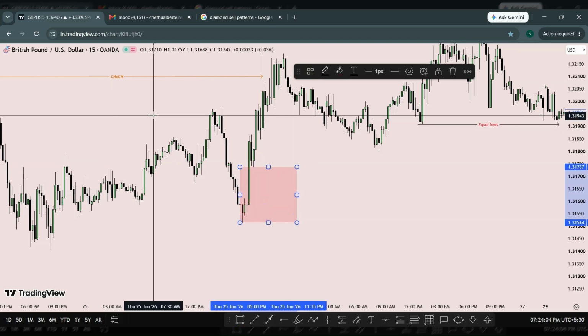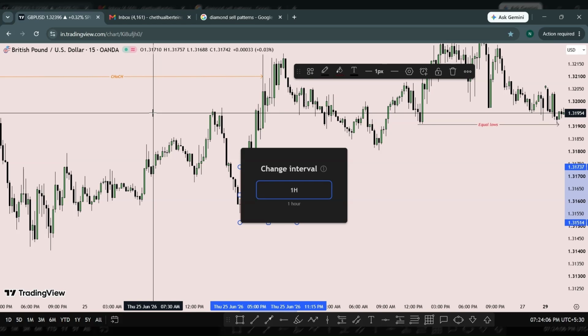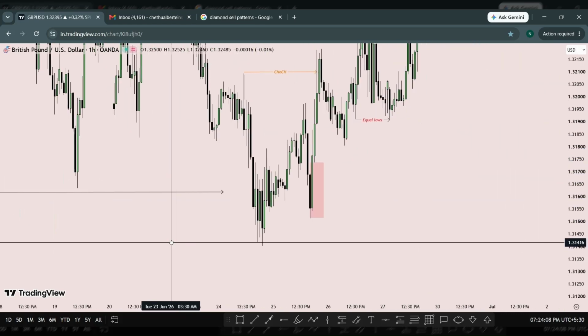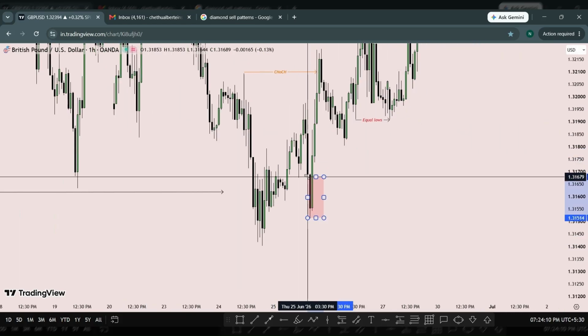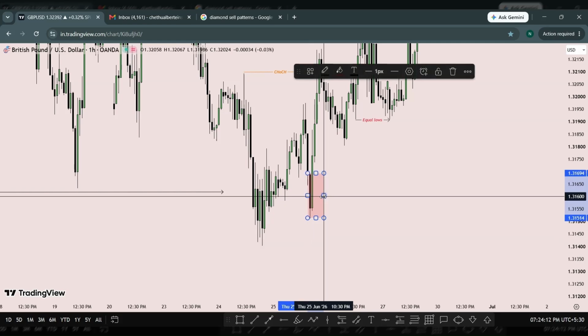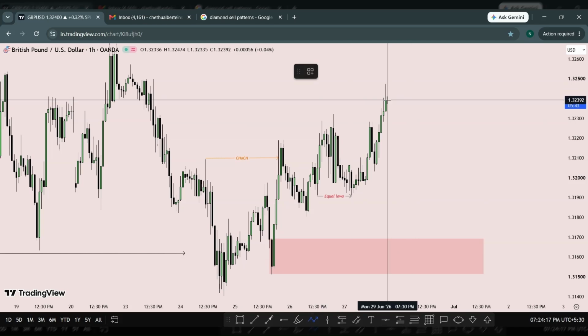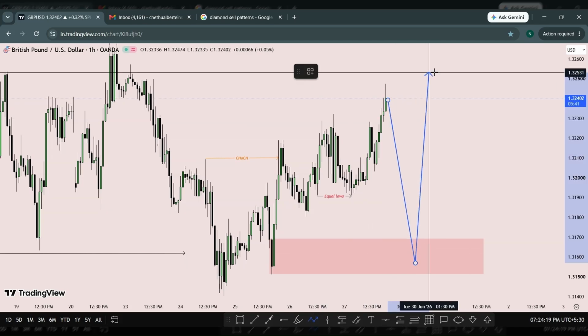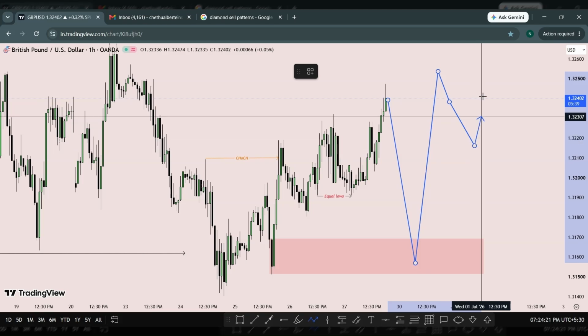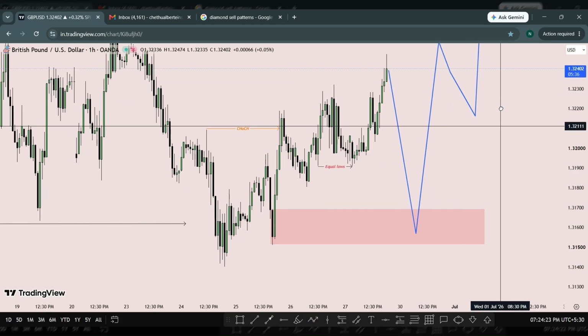Let's see, is there any demand zone here on the hourly chart? Yeah, you can see this is a demand zone in the hourly chart. If price taps here, we can expect some buy. You will put the stop loss below this low.